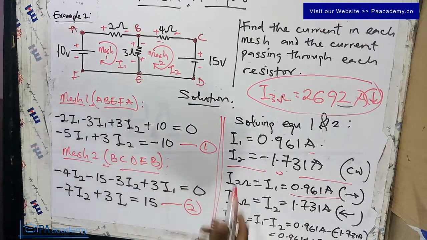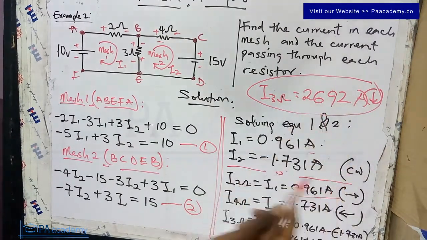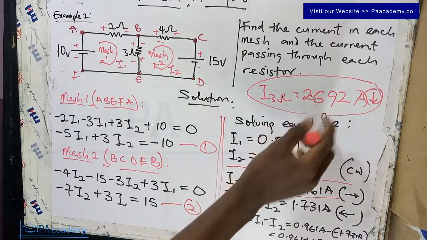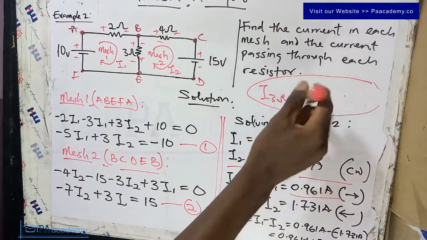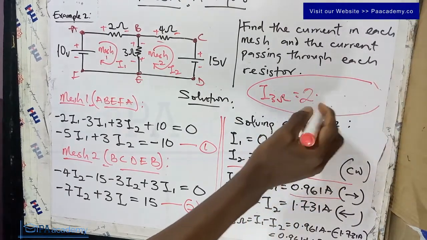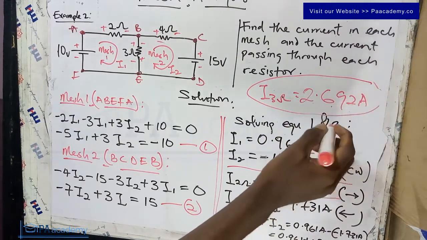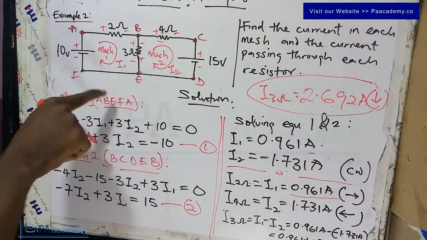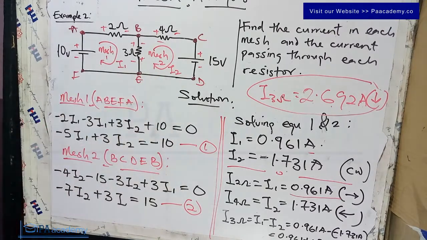For the 3 ohm resistor, we've gotten that to be 2.692 amperes, and the direction is downward. That is because the current from I1 is more than that of I2.